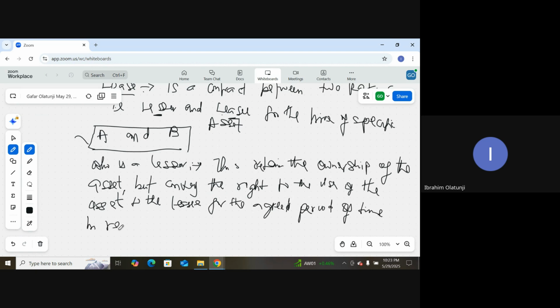In return for the payment of a specified renter.